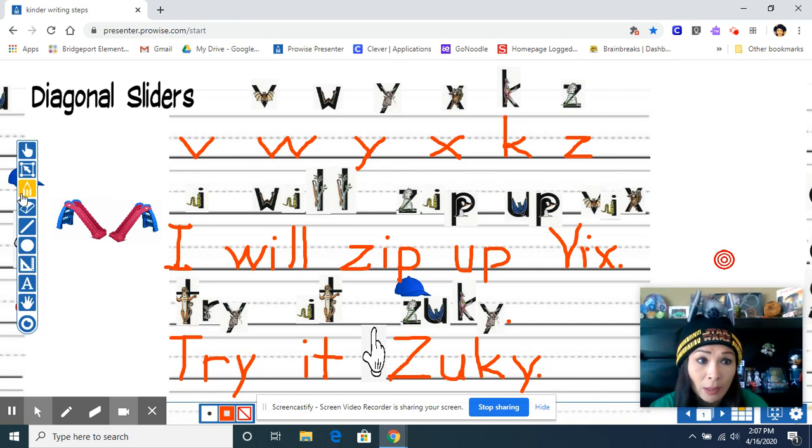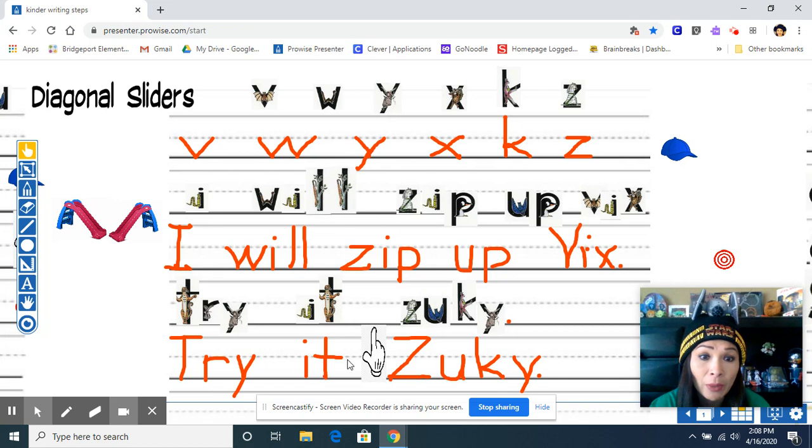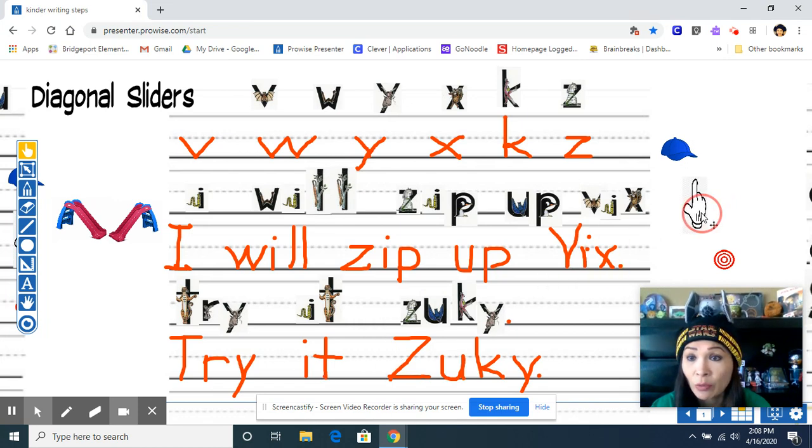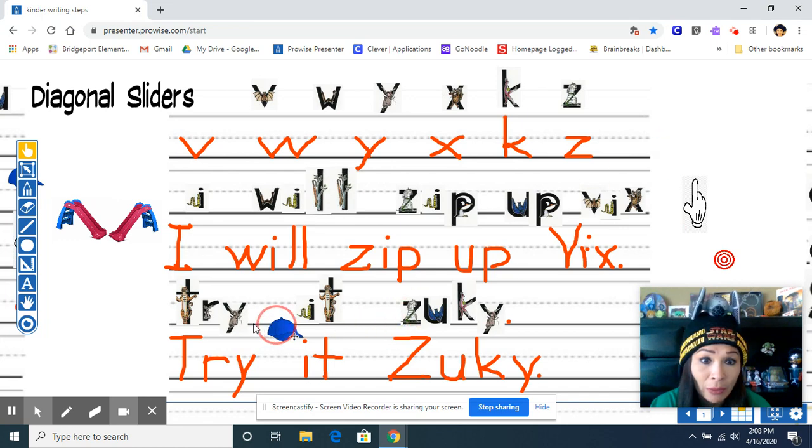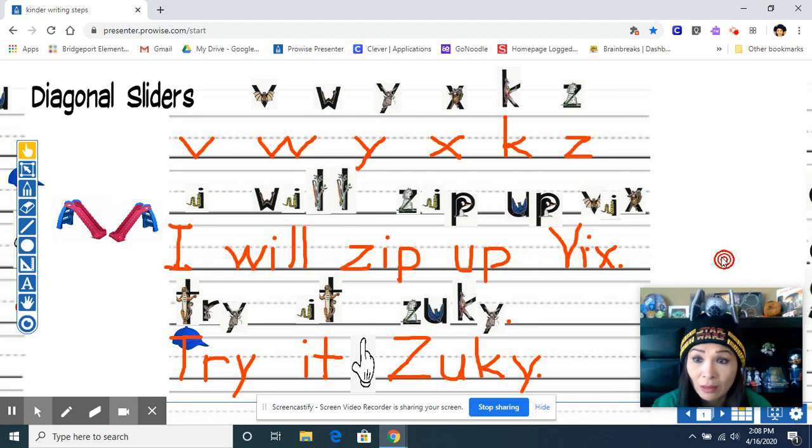Try it, Zuki. So let's check to see if we have capitals and spaces where they need to be. A sentence always starts with a capital, it needs spaces between words, and you end it with a period. So capital for the beginning of a sentence, try, space, try it, Zuki, period. Yes, we used everything.